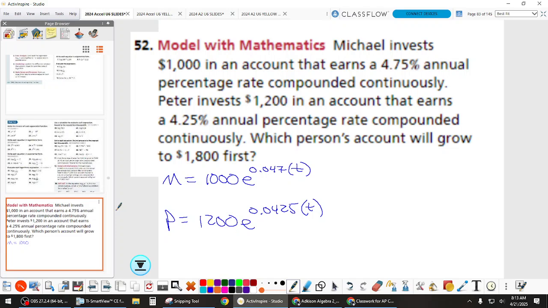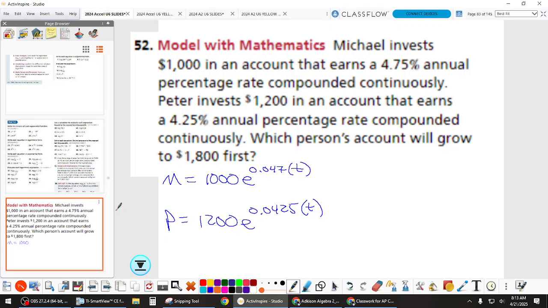Good. All right, so both of these are trying to reach 1,800. What are we really trying to compare here? Can you put that in words? The years till they get to. Well, yes, I understand we're trying to solve for years, but I'm saying, why is this even something we're trying to solve for? What is being compared in terms of its influence on the total?